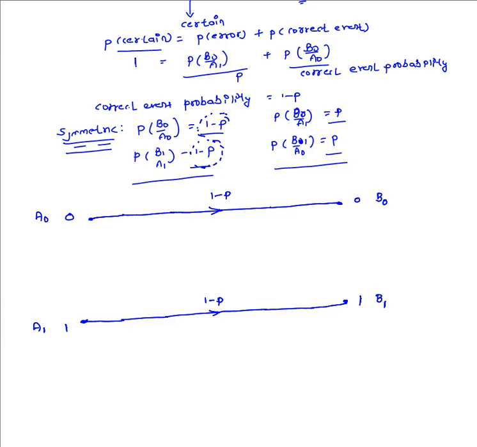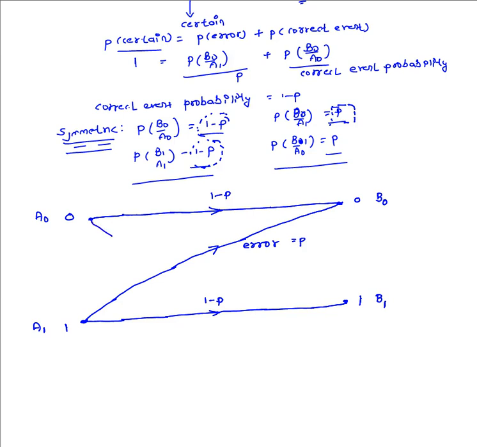Now I am drawing another two lines indicating another two transmissions. This line is indicating that 0 is received but 1 is transmitted. That means it is an error, and earlier we have reduced the expression for the probability of error as p. So let me indicate the line as error, and also the probability as p.